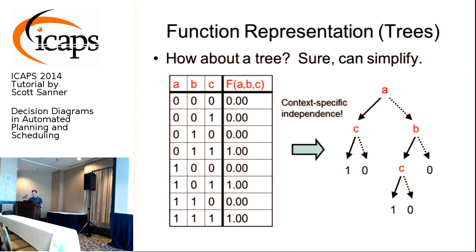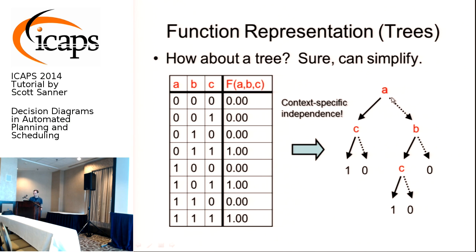OK. So first idea is trees. This is a function I just had on the previous slide. We can represent it a bit more compactly as a tree in this way. If there was no structure in this tree, you would basically see an exponential tree. It would have A, B, and C, and 8 total leaves. However, you see that it's actually a bit more compact than that.